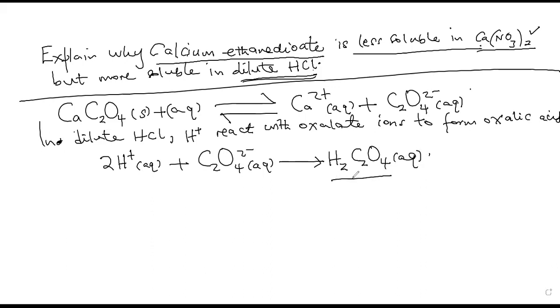Now, in formation of oxalic acid, oxalate ions have been used up, they were the ones present in a sparingly soluble salt or electrolyte, and now they have been used in formation of oxalic acid. So it implies that the concentration of oxalate ions reduces. So to restore the equilibrium, more calcium oxalate has to dissolve, increasing the solubility.